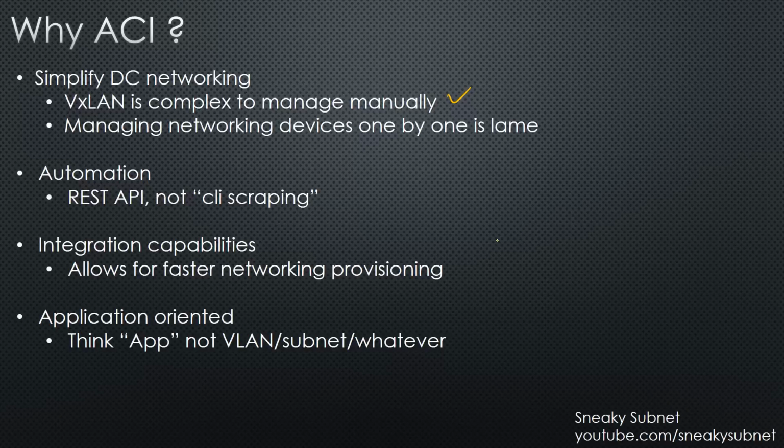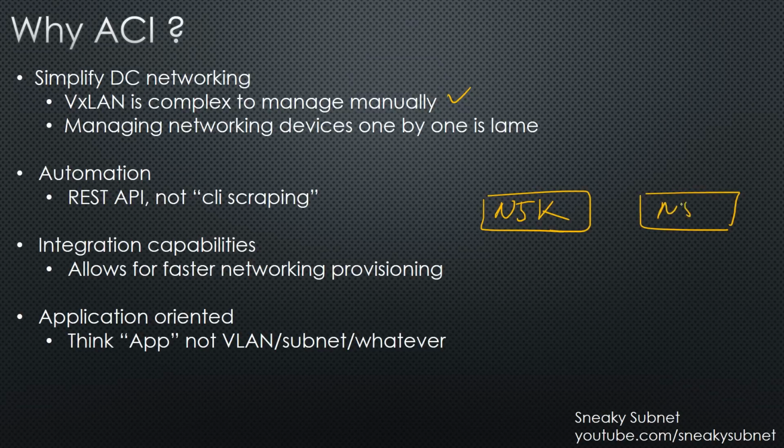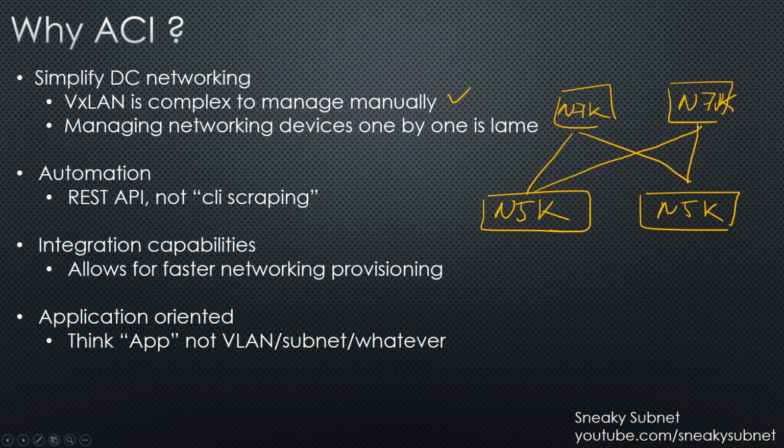So for example, if you take your classical Nexus 5K switches and Nexus 7K switches, and you want to configure VXLAN inside your fabric, and you do not have any automation software, you will have to deal with each switch separately.